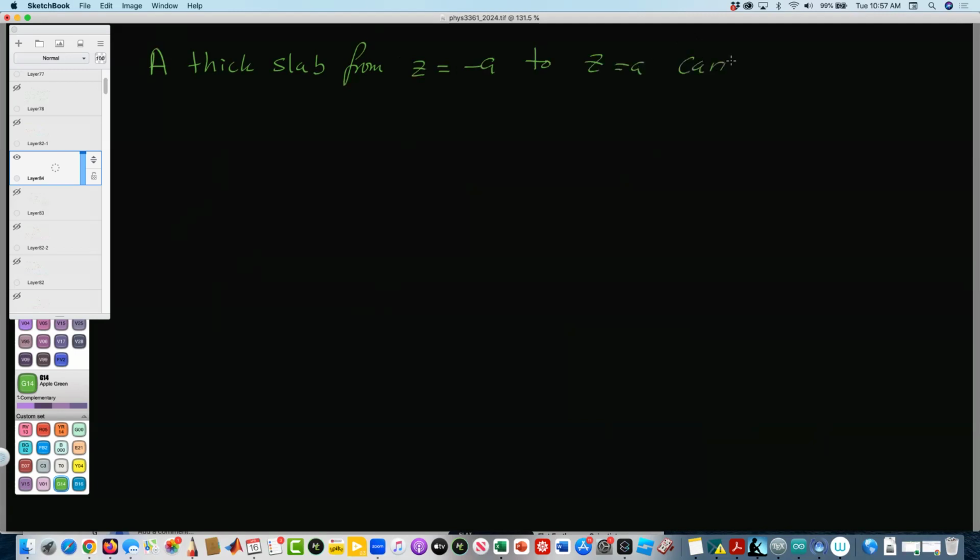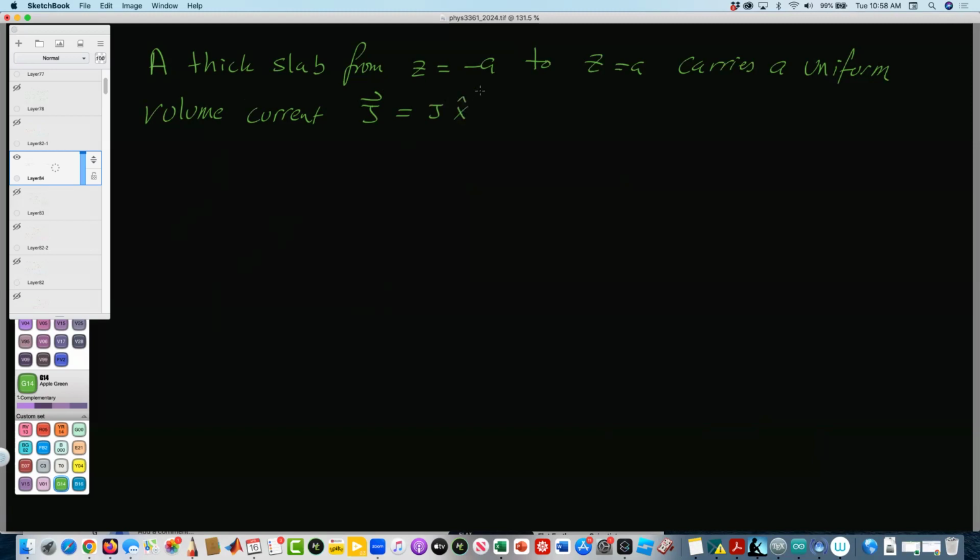It carries a uniform volume current, which is just J equals some magnitude in the x hat direction.